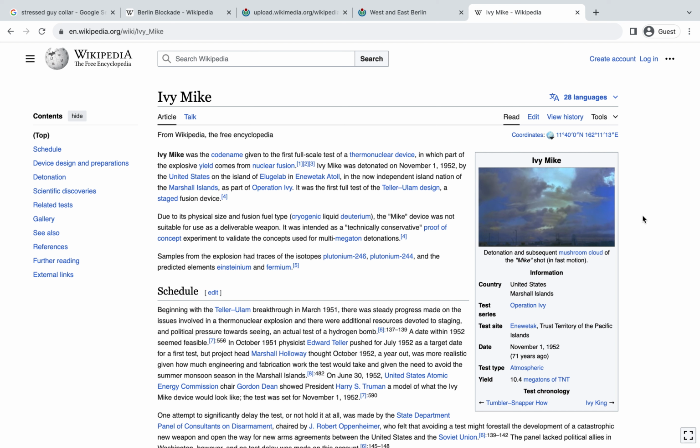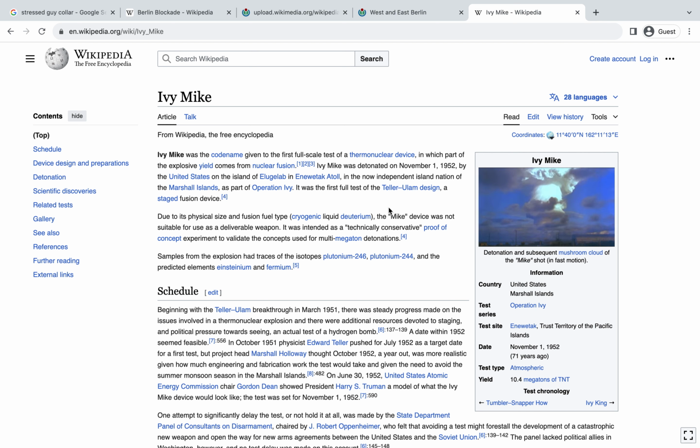And in the Cold War, this is our first look at weapons that have this kind of destructive magnitude. This is Ivy Mike, for example. Ivy Mike, I believe, was the first thermonuclear weapon detonated by the United States.